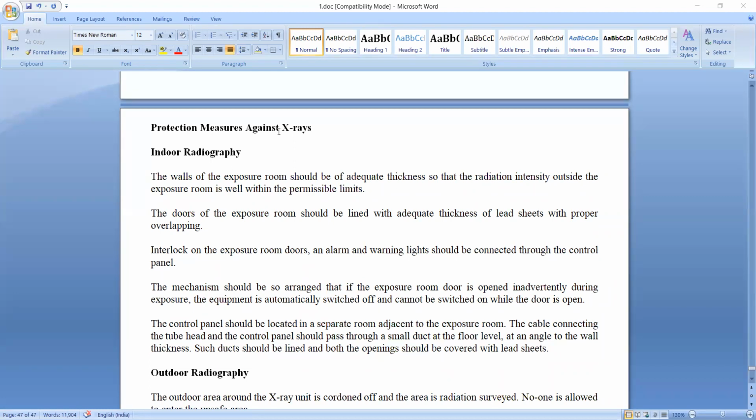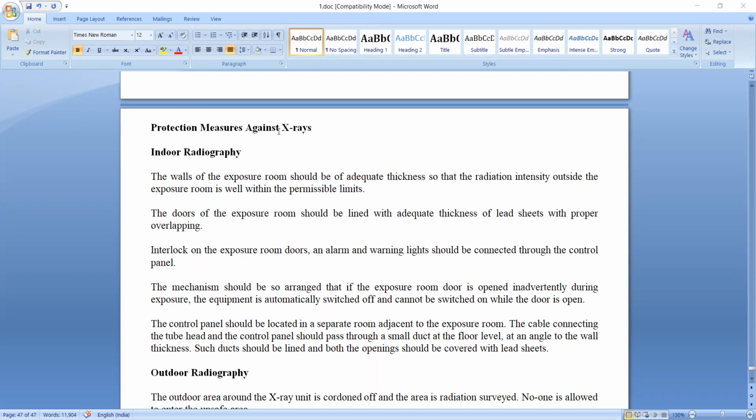Okay, next we have to close the doors of that particular room, and the door should be in line, means there is no clearance in the doors. We have to avoid that. Okay, one more thing, an interlock should be provided for the doors, and warning lights or an alarm should be provided. If the doors are in open position, the lights or alarm automatically give the warning to the operators.